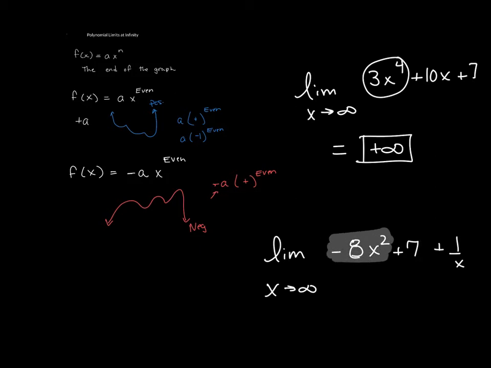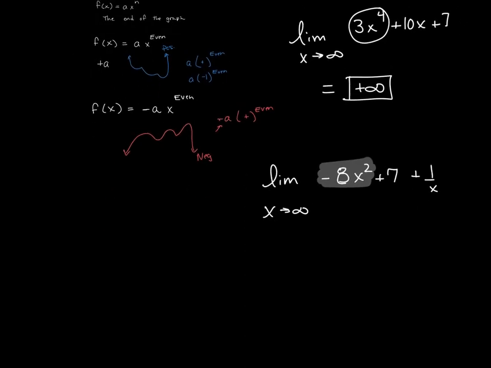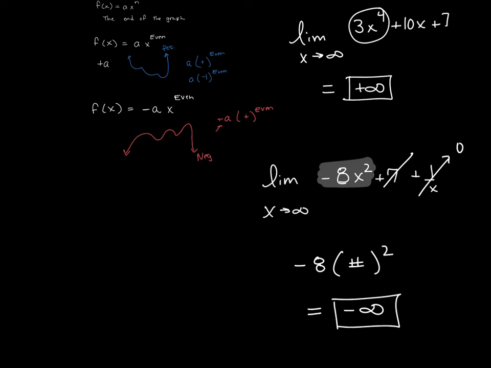What happens here is this 7 doesn't matter relatively. 1 over x approaches 0. But negative 8 times any number that's very, very large, being squared, that negative out front is the key indicator, and this is going to approach negative infinity.